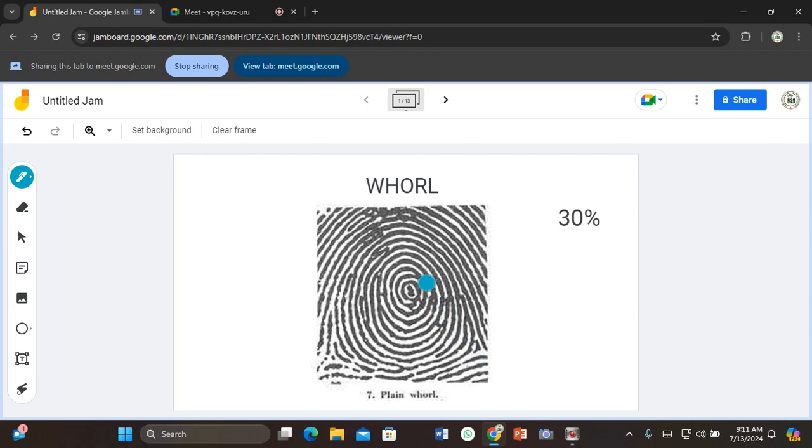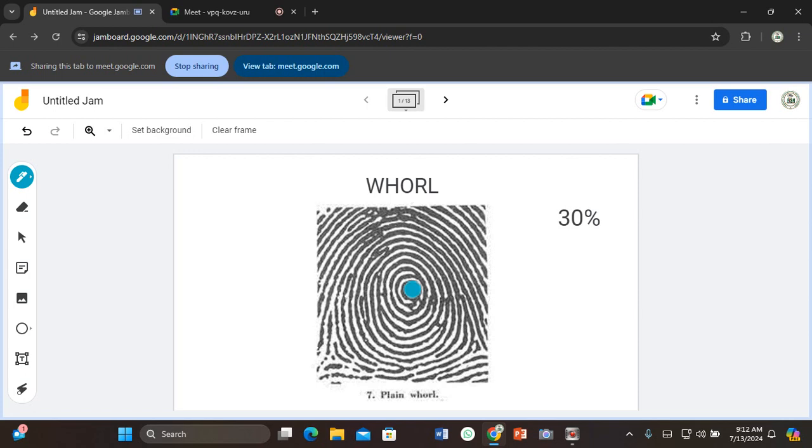So you have at least two deltas in the plain whorl. Then we have a recurve. We have recurves between the deltas, and these recurves make a complete circuit.